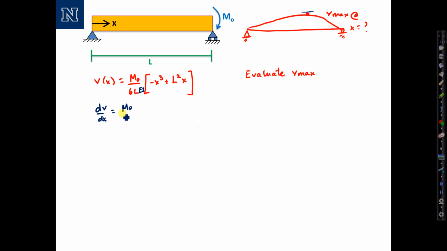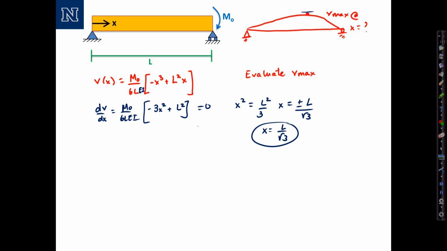It's equal to M0 over 6 L EI times negative 3x squared plus L squared. Setting that equal to 0 tells me that x squared equals L squared over 3, or x equals plus or minus L over root 3. Only the positive root makes sense. We'll conclude that x equals L over root 3 is the location where the maximum occurs.